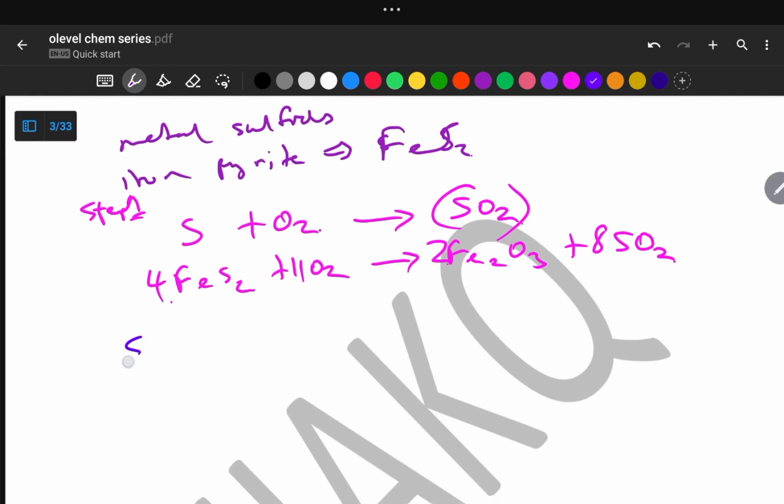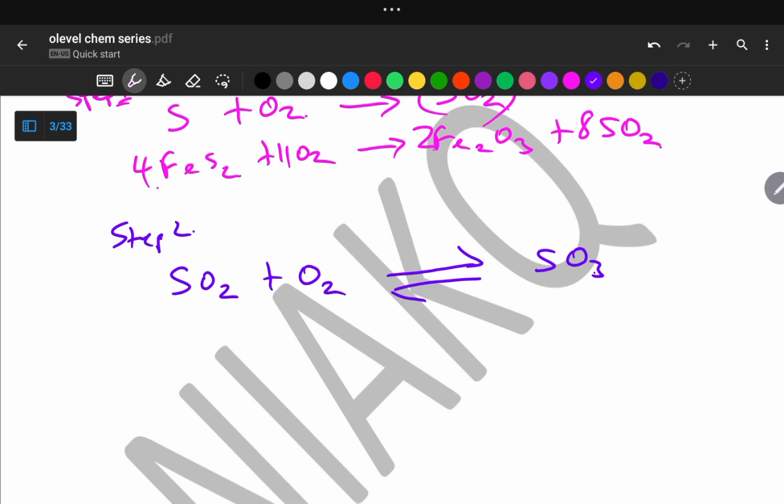So we have step number 2, where the produced sulfur dioxide is oxidized to give sulfur trioxide. This reaction is a reversible reaction. We said the industrial processes have reversible reactions which are exothermic in nature.